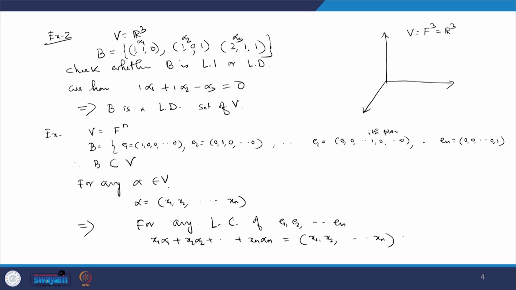So, if I say that this is equal to 0, this implies that each xi equal to 0. So, B is a linearly independent set of V. So, we have understood what linearly independent and linearly dependent mean. Now, let me introduce another terminology called the basis.